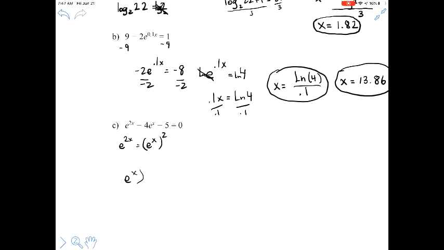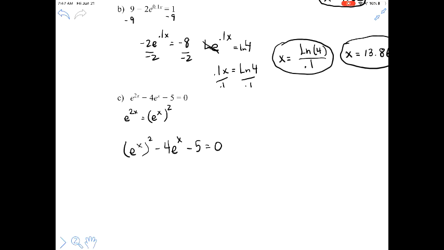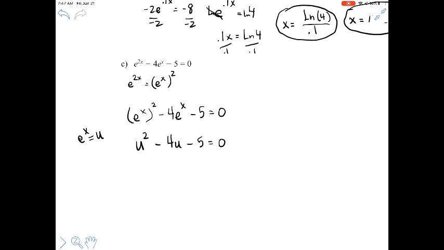So I'm going to write this as e to the x squared minus 4 times e to the x minus 5. And then rather than e to the x, I'm going to substitute with a different variable u. So I'm going to say e to the x, I'm going to call that u. Now we have a quadratic equation to solve by factoring.